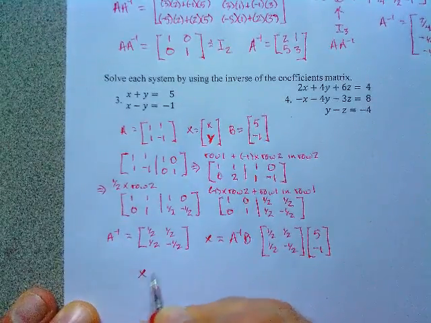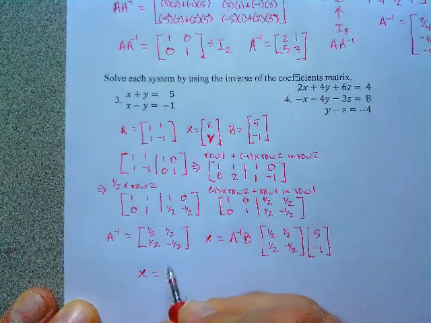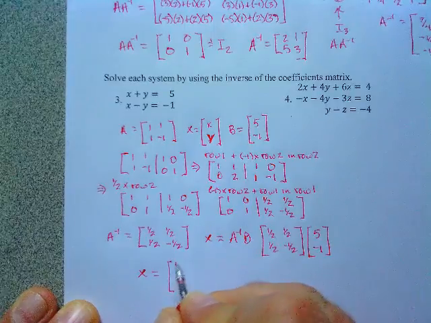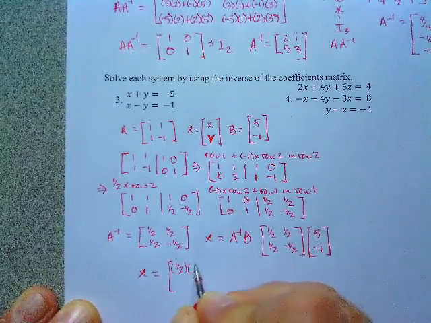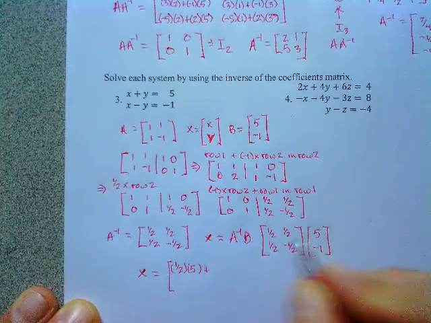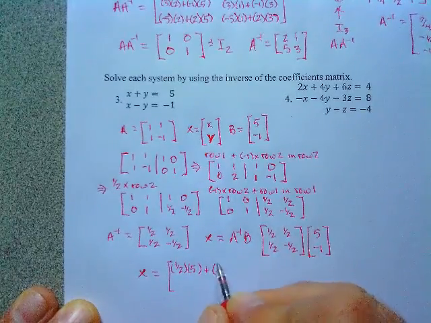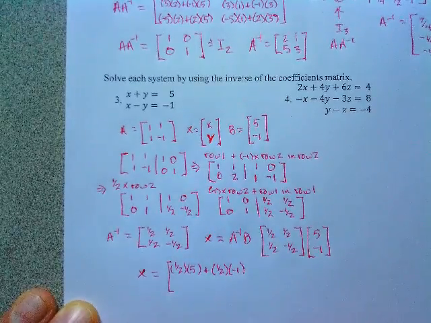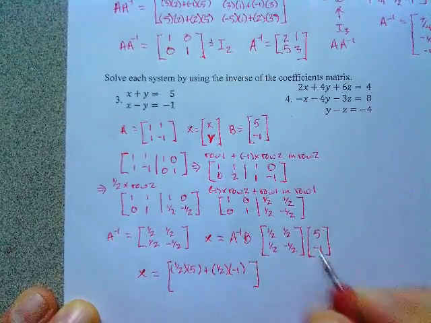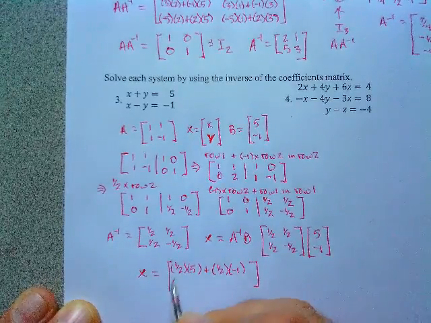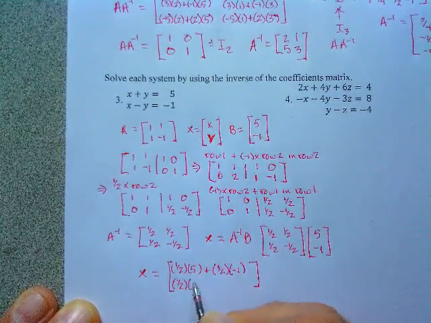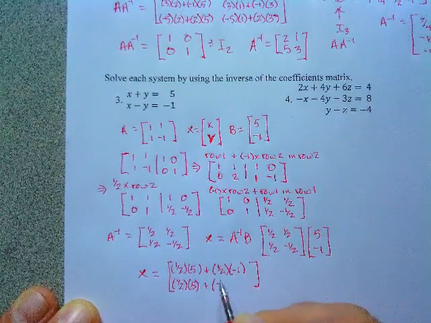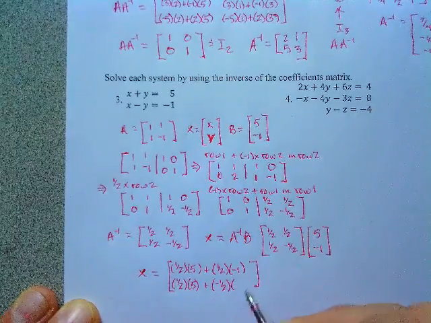So x will equal 1/2 times 5 plus 1/2 times negative 1, and then we'll have 1/2 times that again, and this time we'll have negative 1/2 times negative 1.